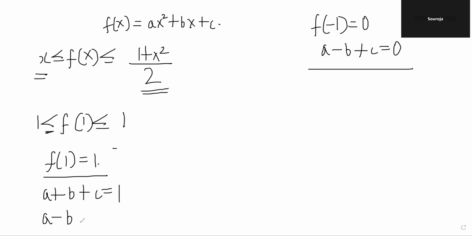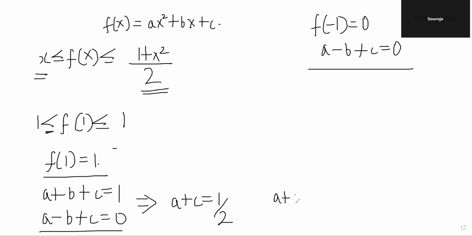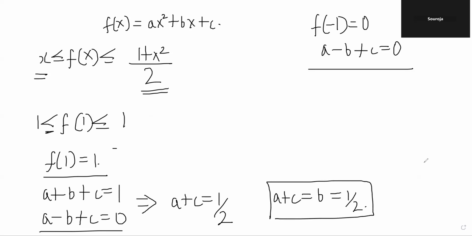We already have a minus b plus c is 0. So totally adding it means a plus c is half. And from this equation, a plus c is equal to b, so b is half. Correct? Then we got the quadratic like this, ax squared plus half x plus, instead of c, I can write half minus a.